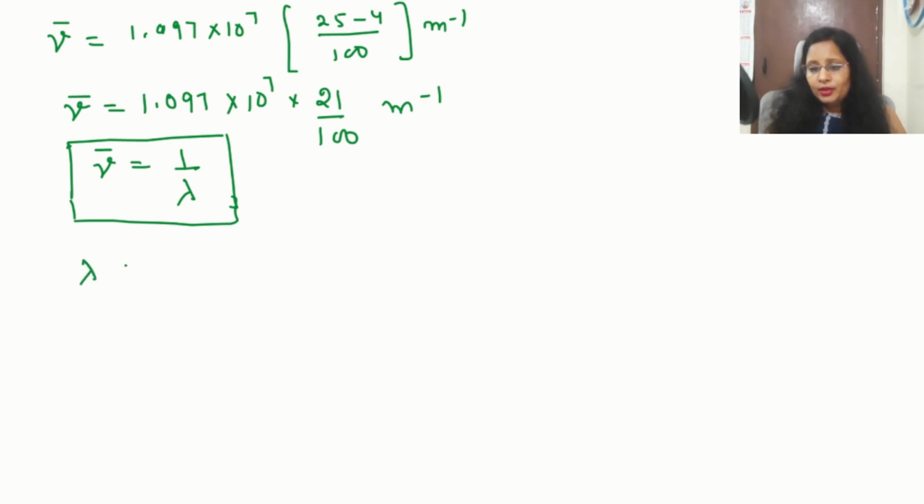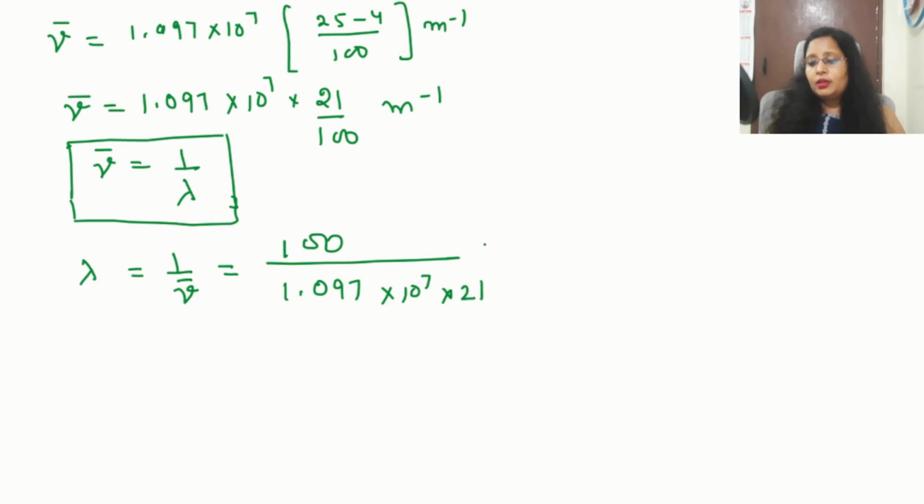So lambda will be 1 upon mu bar. We can write the whole equation as 100 upon 1.097 into 10 to the power 7 into 21, and now it becomes meter.